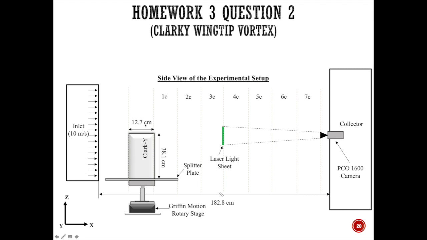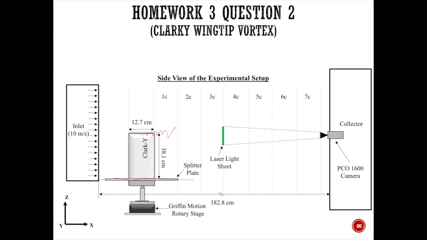The reason why I say aspect ratio 6 is because it's a semi-span aspect ratio 3 model, which means that by blocking one end of the wing, this splitter plate, as we call it, acts as a fuselage. Okay, so that means only one side of the wingtip is actually exposed, allowing only roll up of one side of the wingtip vortex.